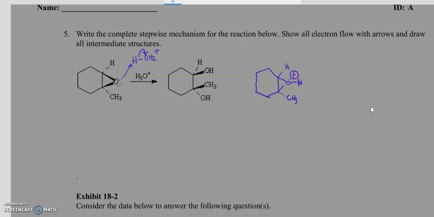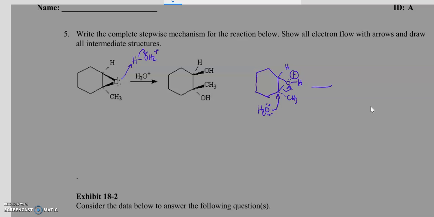Okay, so we have a positively charged epoxide here. Obviously, this is not going to be stable, so it tends to open up, right? Since this opening up is not going to happen by itself, what's going to happen here is that H2O water will attack from the back, and then it's going to open up this bond here.